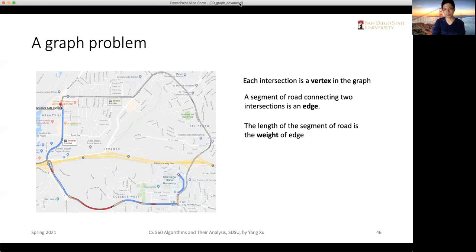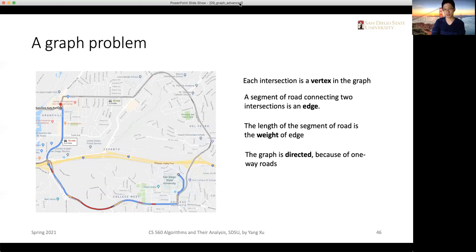So if we start with a simple assumption, we can basically use the length of the road segments as the weights of the edges. And also the graph is directed. That is another assumption.